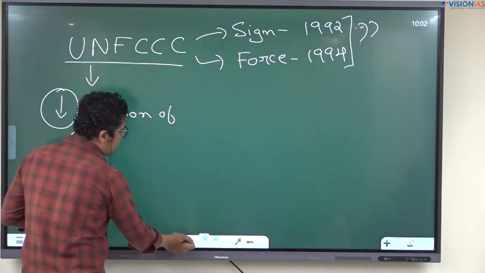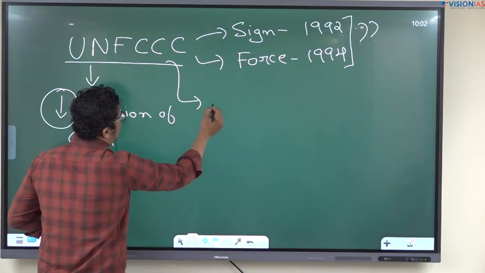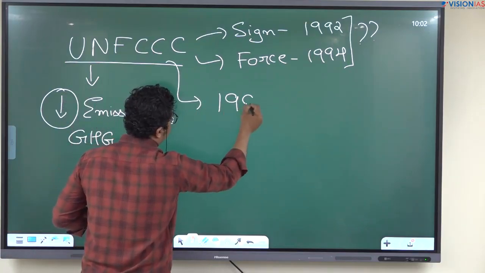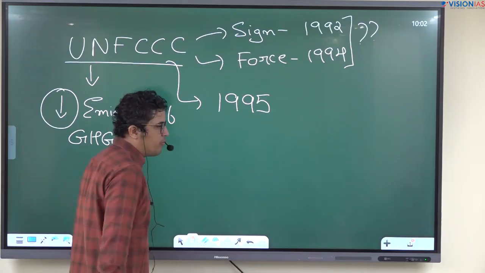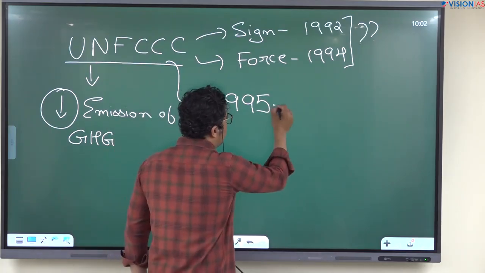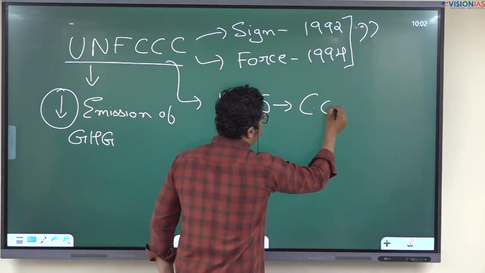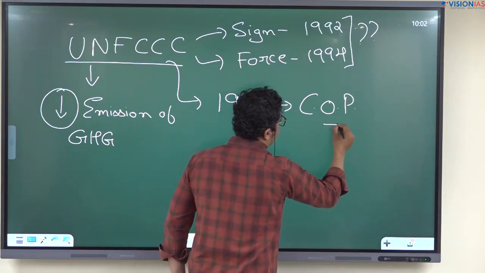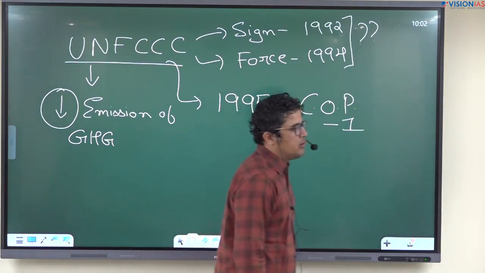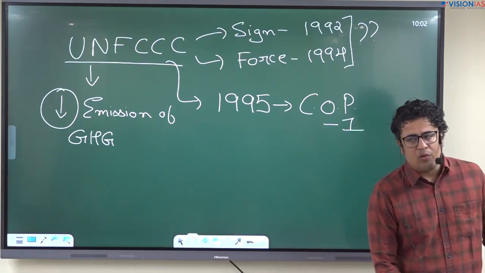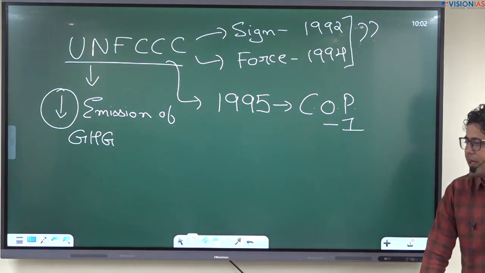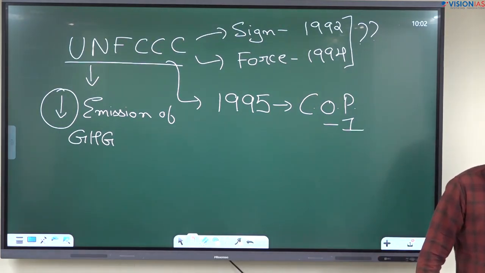When UNFCCC became an organization, in the very next year, 1995, they started doing their meetings. COP is the name of their meetings, annual conferences. So they became an organization in 1994.